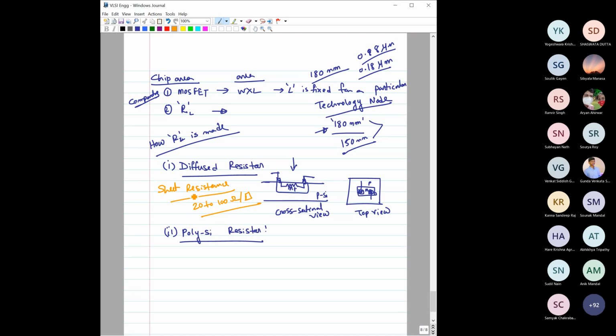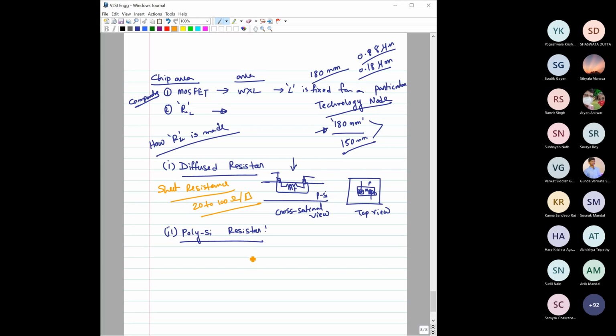Just remember that if you make the doping higher and higher, the sheet resistance will become lower and lower. If you reduce the doping, your sheet resistance will become higher and higher.